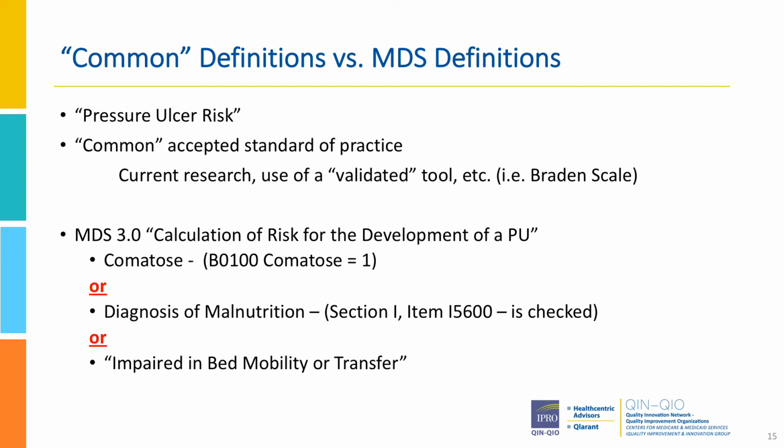If that item is checked, that resident is at risk for the development of a pressure ulcer. Again, it makes sense since proper nutrition is necessary for the maintenance of the largest organ of the body, that being the skin. And the third item that will identify a resident as being at risk for the development of pressure ulcers is what the measure looks for in a resident who has impairment in either bed mobility or transfer. Now let's talk about that for a couple of minutes.